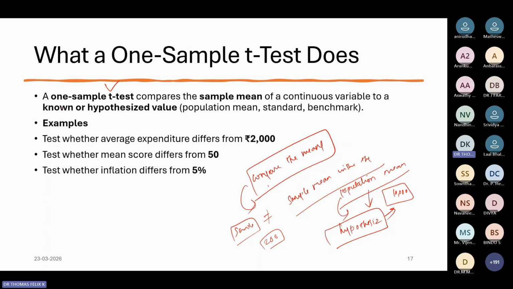As I said, first we have to frame the objective. The objective is to test the mean difference, for example between male and female income, whether both are the same or not.